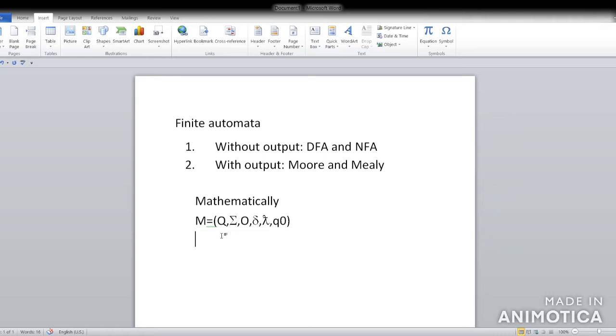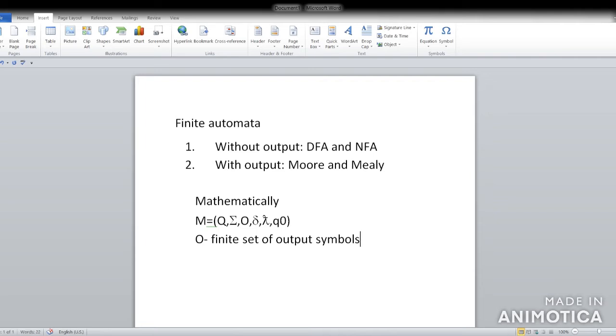So already Q we know. Sigma is also known to everyone. Sigma is the input alphabet. O is a new term here, and it is a finite set of output symbols. Okay, or you can say output alphabet.